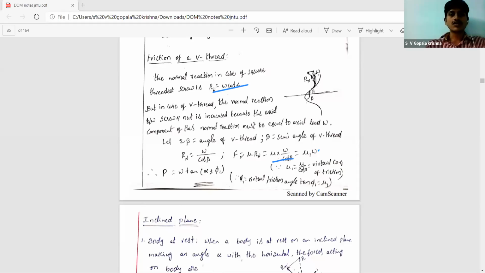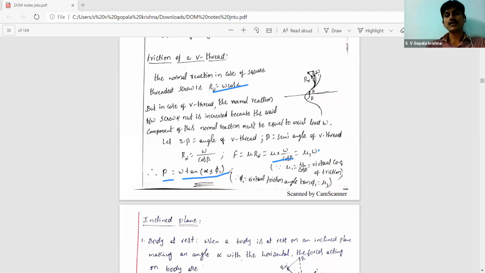So when we write the frictional force, similarly we write the force value. So the force value P is W tan alpha plus or minus phi1 here. Alpha plus or minus phi1. So all of you observe that. W tan alpha plus phi, generally they may write that.